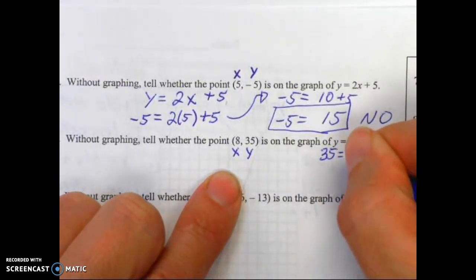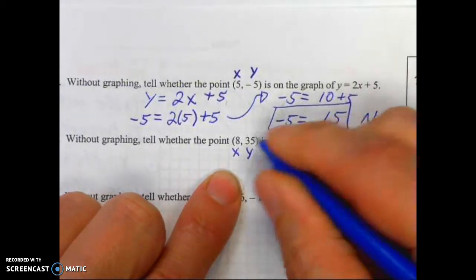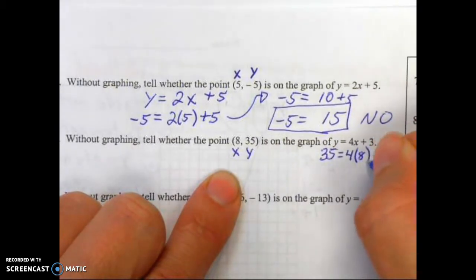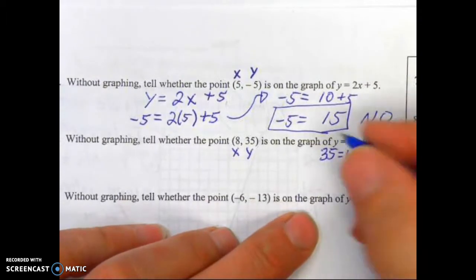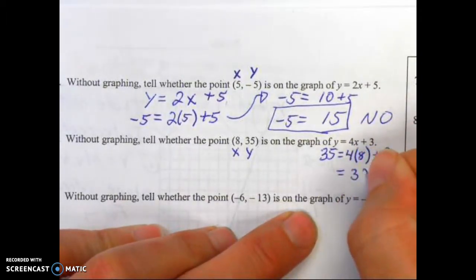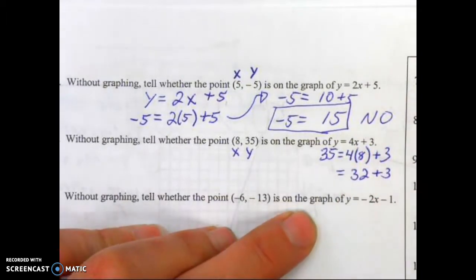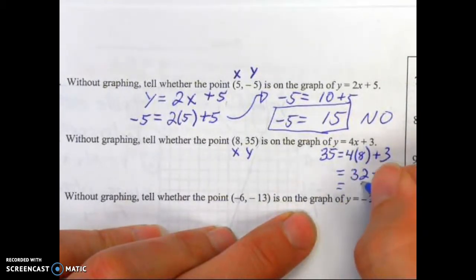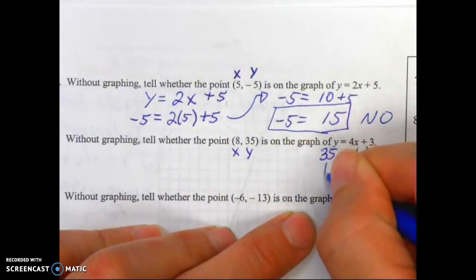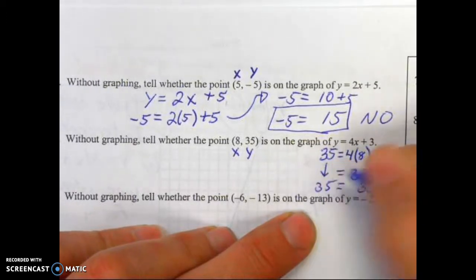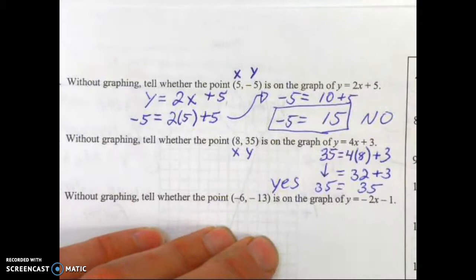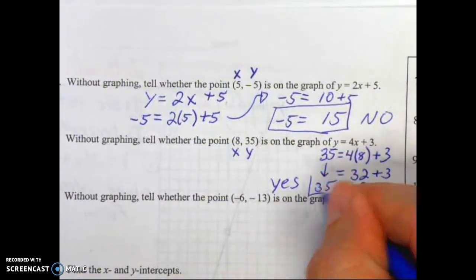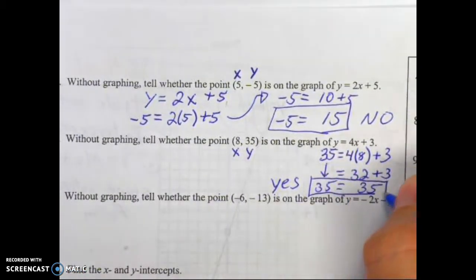That says equals 4 times 8 plus 3, right? 4 times 8 is 32 plus 3, and 32 plus 3 is 35. That matches this side. So this is a yes, right? So make sure you do put these in your answer key.